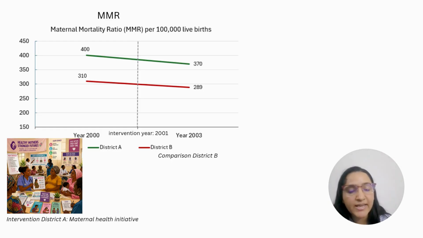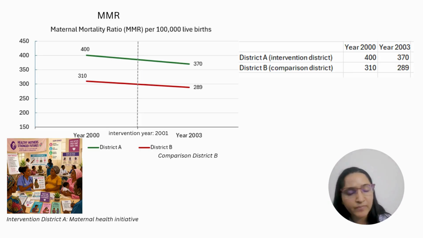But these two districts A and B are similar in different background variables, for example, the sociodemographics or economic status or other indicators that might affect the health policies, right? So they are similar, but one district receives this specific intervention in the year 2000 and the other does not.